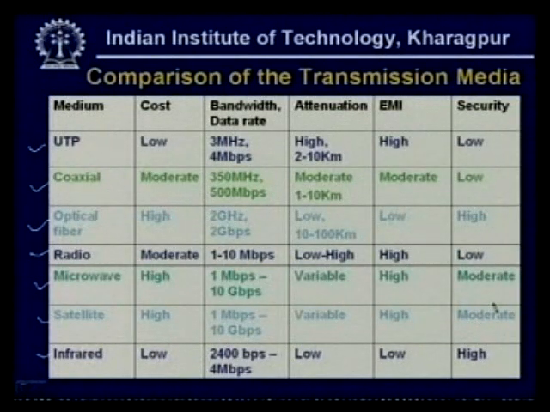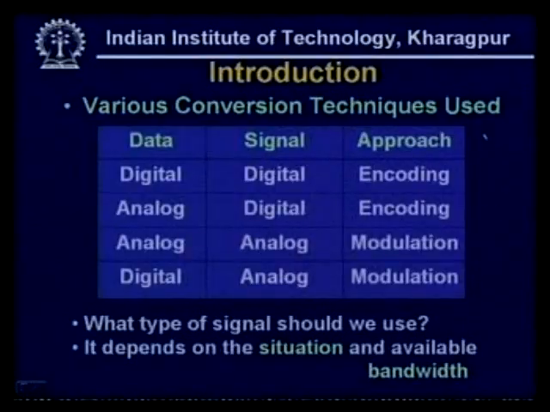So with this background, now we shall discuss the transmission of digital signal. But before doing that, let us consider what are the various options available to you. As you know, you can have digital data and you can get it converted into digital signal by a suitable encoding technique. Similarly, you can have analog data which can also be converted into digital signal by suitable encoding.